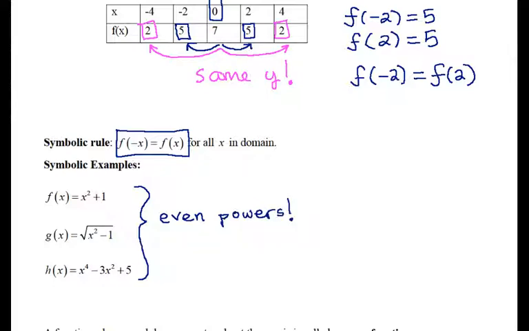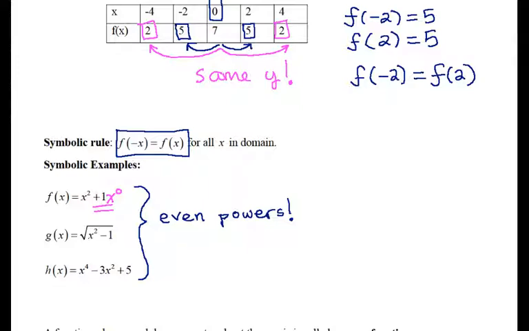If every single term is an even power of x, then we will have symmetry about the y-axis. Now when I say every single term, I'm including this one, the plus 1. The way that I can see that as an even power is to write it as x to the 0. And 0, if I had to choose whether that's even or odd, I would say it satisfies the definition of even, because 2 divides evenly into 0. It does not leave a remainder.